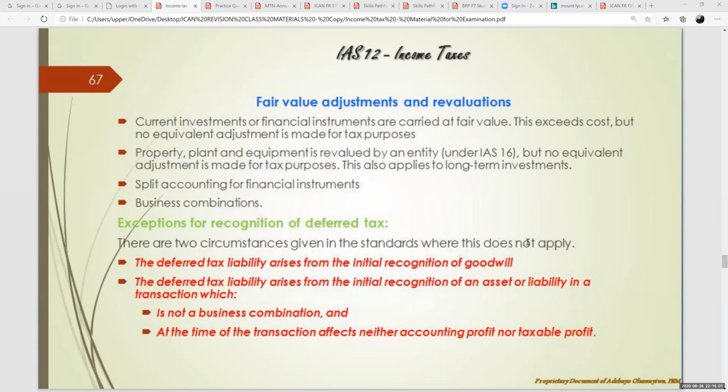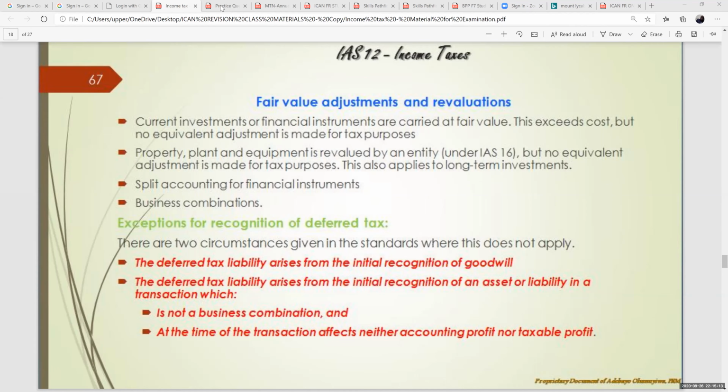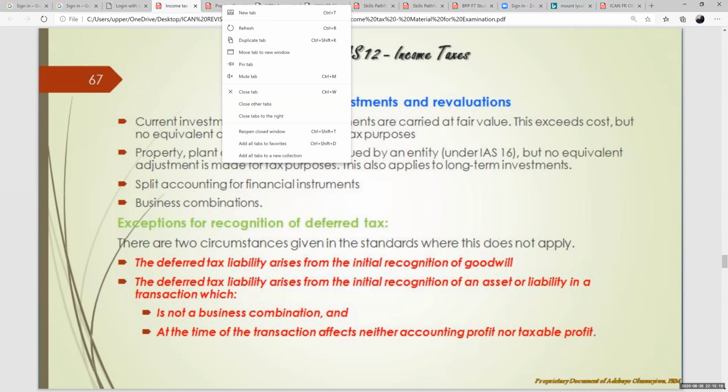I will take you through a practical process of that, but that is for professional level, for corporate reporting. When you check my practice question, I think I included it there, but that is solely for people in corporate reporting, where we need to look at the effect of deferred tax in a business combination.